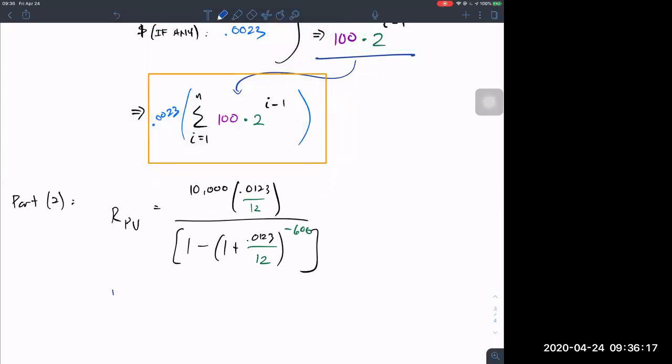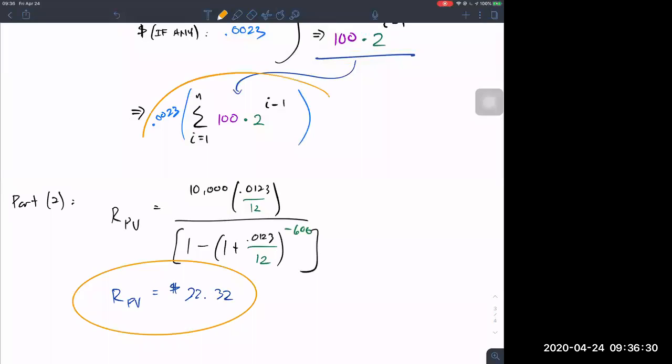Let me write this in a different color. It's equal to $22.32. So you're going to be using this piece as well for the model. Let me do this in a circle here. Okay, so here are your two pieces, components, aspects of the model.